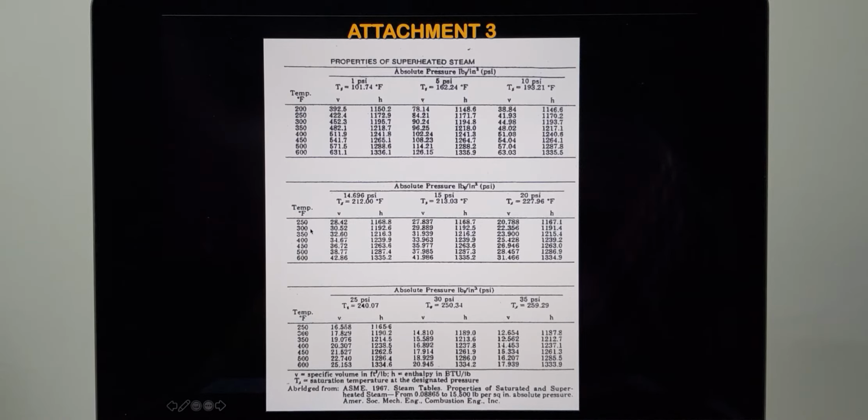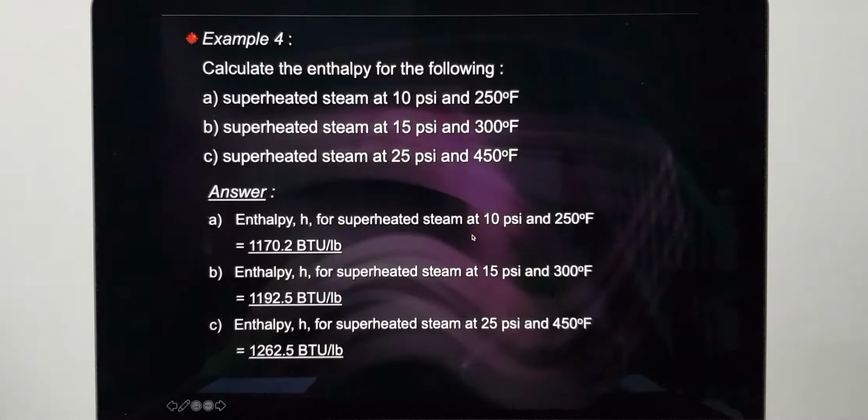It starts off with 250, then followed by 300. So at 300, we have V and we have H. We are interested in H. The value for H is 1192.5 BTU per pound. Okay, so can you do that? Do you manage to find the value?